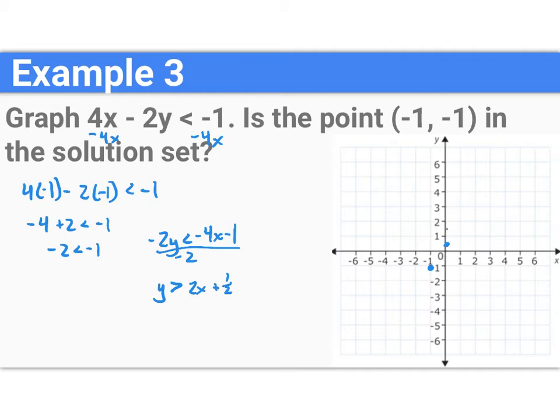We go up 2 and over 1. Up 2 and over 1. So we have a dotted line.